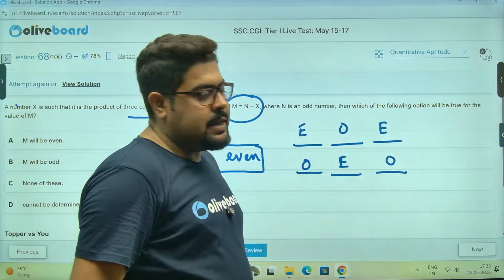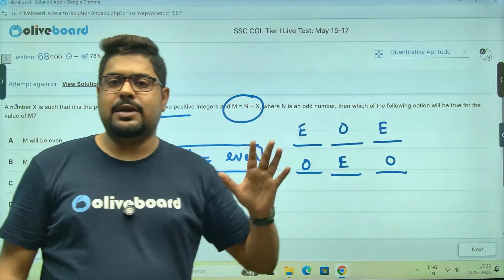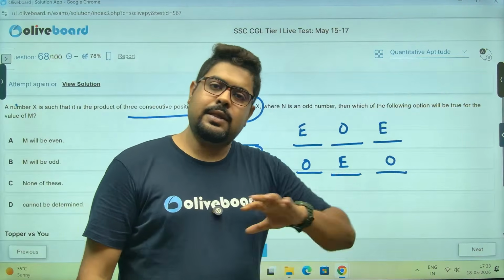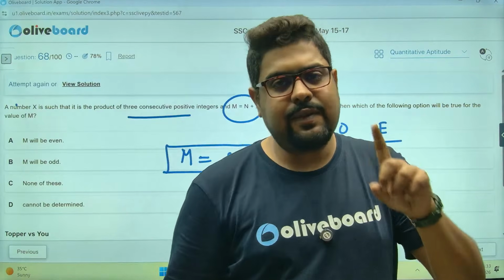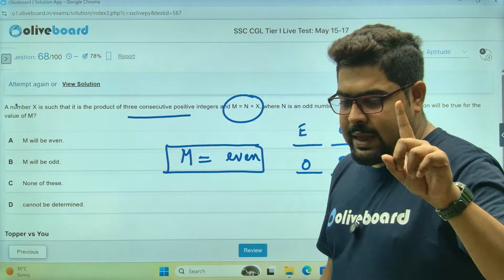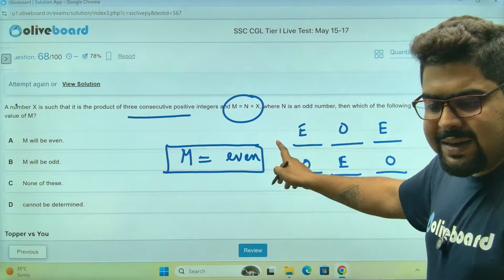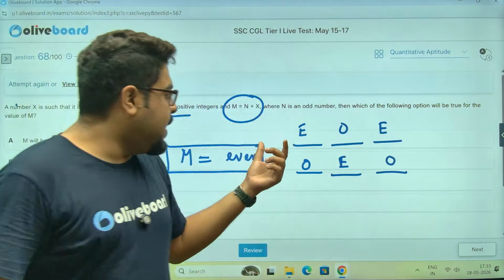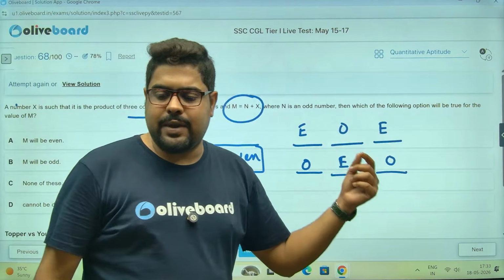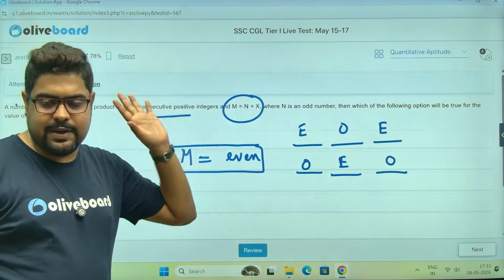Whatever the case, if I have one even number and I'm multiplying, the whole product is even. Because in order to have an even number, I need a 2 only, and I need only one even number to supply me that 2. So whether it's 2 even numbers or a single even number, my product is always even.